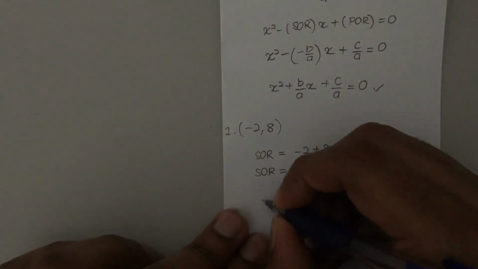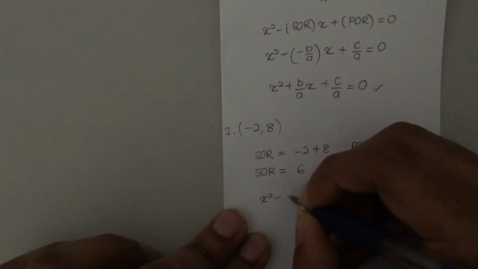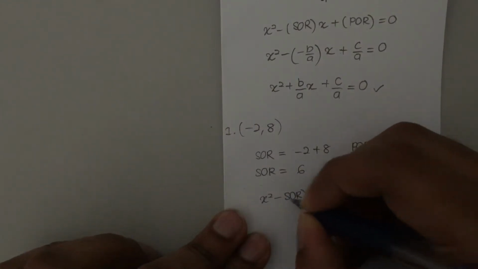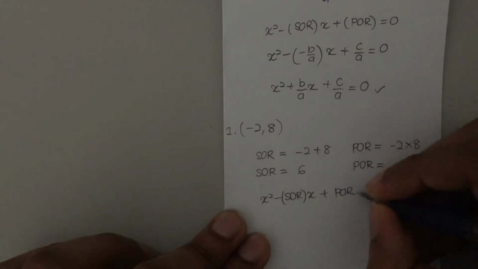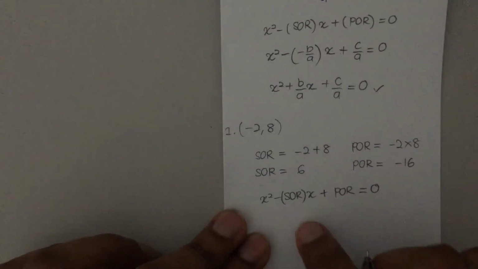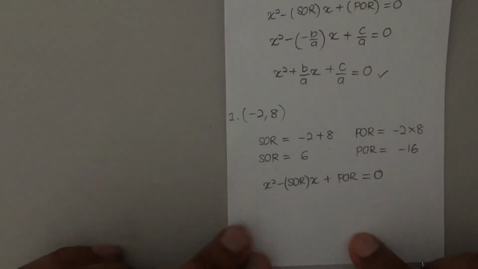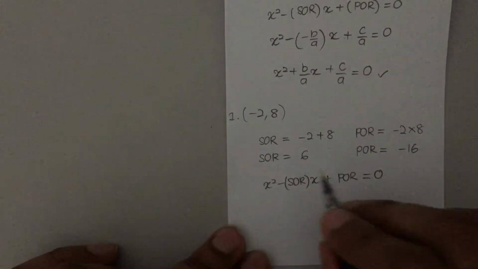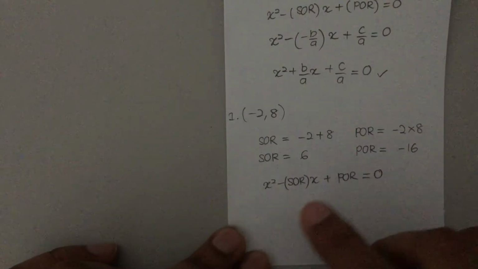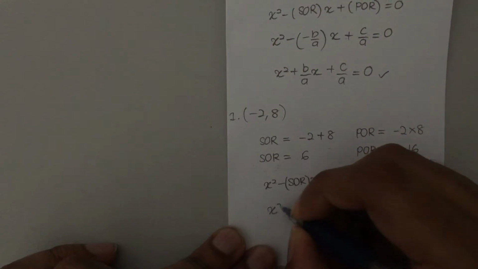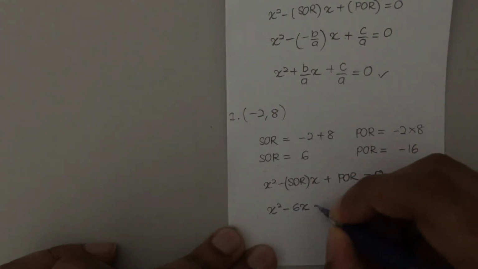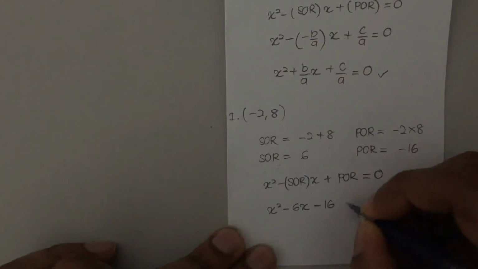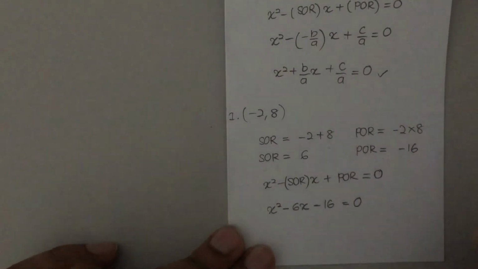The formula is x squared minus SOR x plus POR equals 0. Make sure you apply this formula. Once you apply it, you just substitute: x squared minus 6x minus 16 equals 0. So this is your final answer.